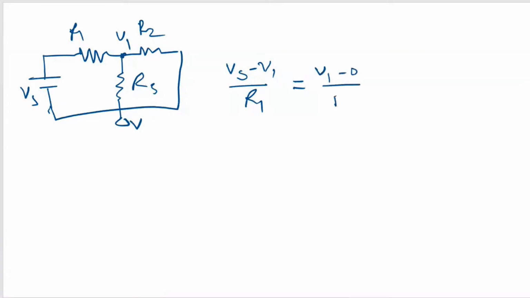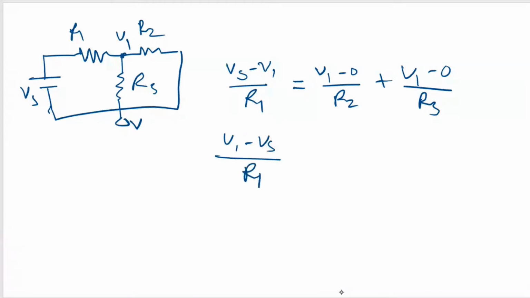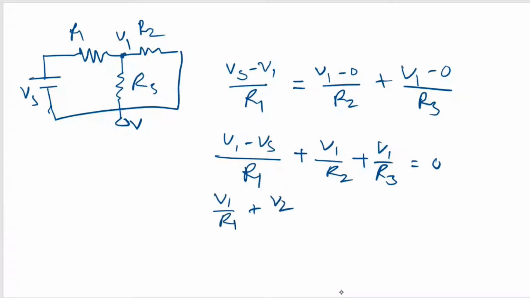If we send this to this side, V1 minus Vs by R1 plus V1 by R2 plus V1 by R3 is equal to 0. After simplification, V1 by R1 plus V1 by R2 plus V1 by R3 is equal to Vs by R1.